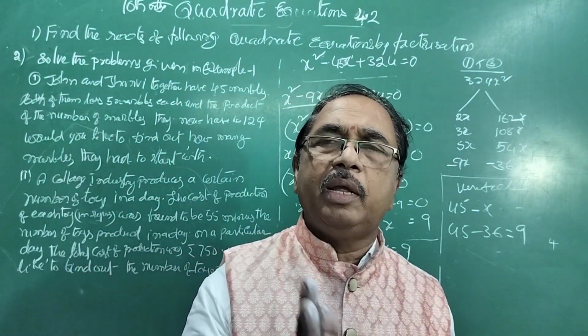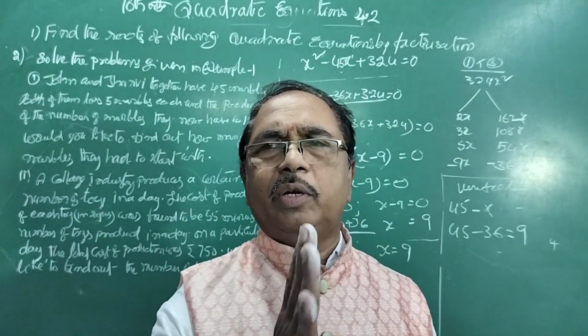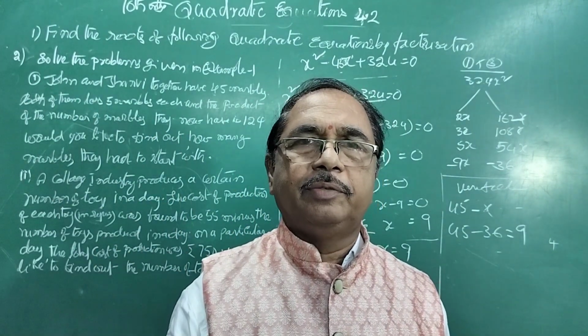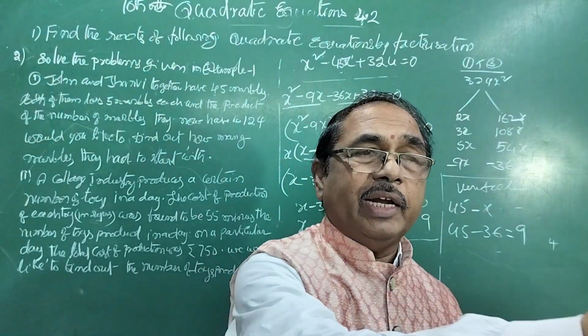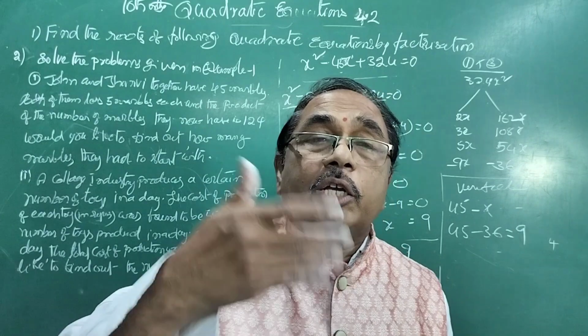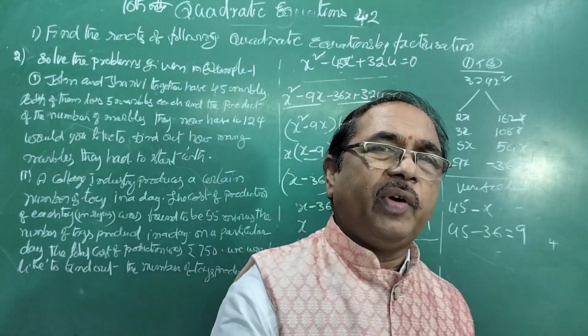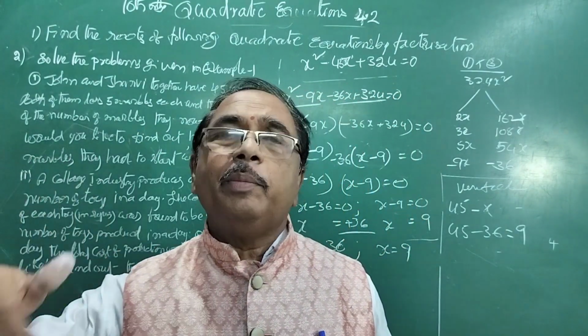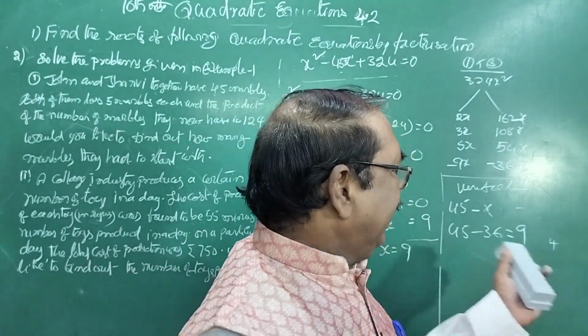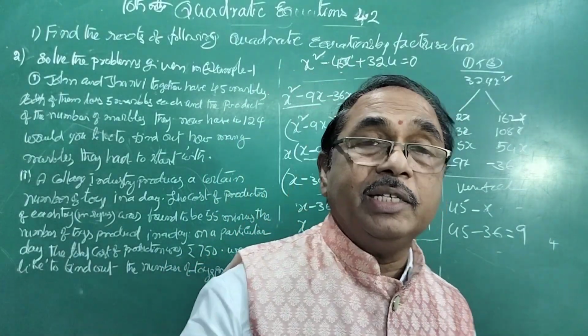John has how many? X is equal to 45 minus x, is equal to 45 minus 9, 36. Isn't it? And 36 one has, 9 another has. And both lost 5 marbles. 36 minus 5, what is it? 31. And 9 minus 5, 4. 31 into 4, we can get the same. Yes, that is the verification.